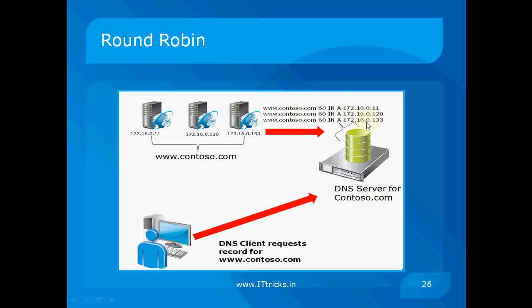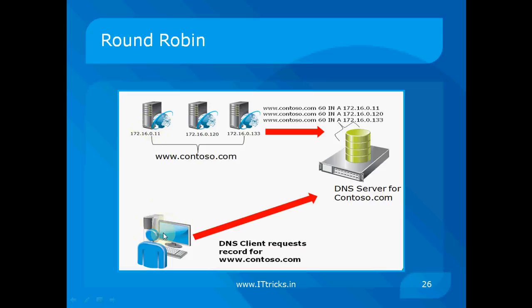So what will happen after doing that? Whenever a client asks a query to the DNS server, it is asking the query for contoso.com. Now the query will be resolved to any of the IP addresses from this pool. First time, suppose the query is resolved to 0.11. Because it receives the IP address 0.11, the client will forward the query to this server.